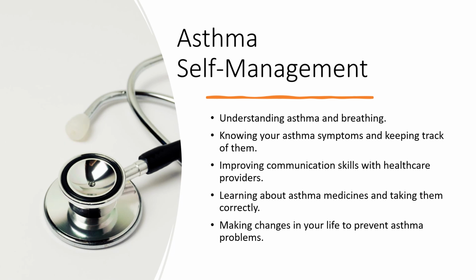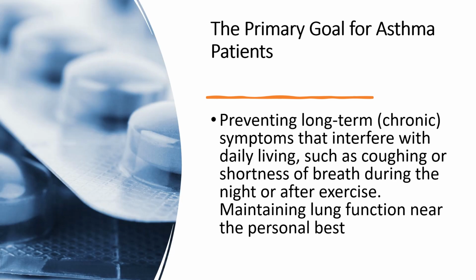It's not just saying, well, you have to stop this, this, and this. You have to give the asthmatic patient options. What are choices that we can make that, one, can protect you, but still meet your personal goals? And that's very difficult at times. That's where the asthma educator needs to really pull back their shoulders and use a lot of different methodology to achieve those type of outcomes.